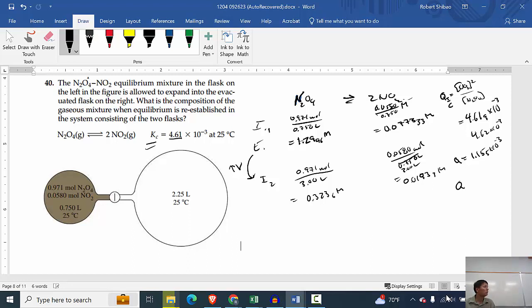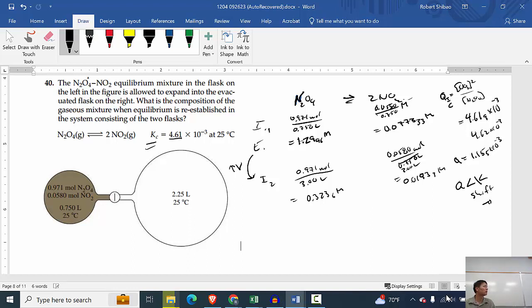So Q is going to be less than K. If Q is less than K, what's going to happen? There's going to be a change, and it's going to shift which way? Right. Shifts right.